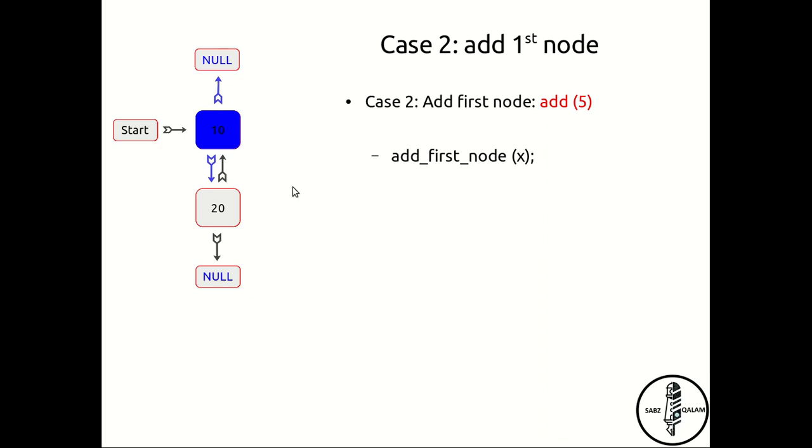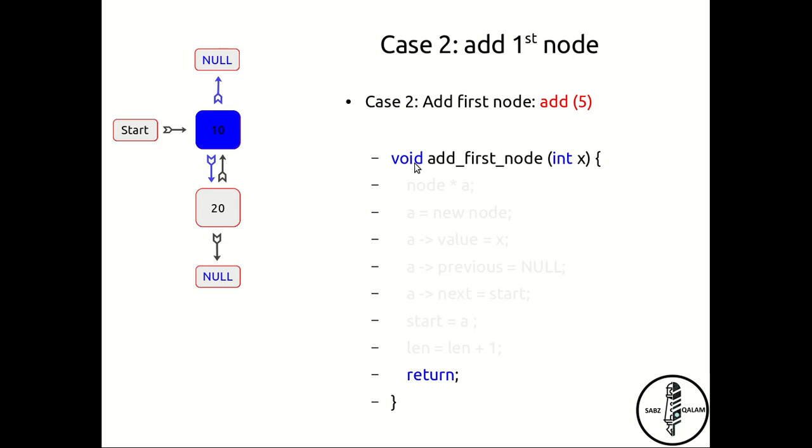Okay, now the add first node, I've deliberately kept the return type as void, because you are quintessentially keeping the two essential global variables, start and length, as global. So any change that's made is really reflected in these two. You don't really need anything in addition to that.